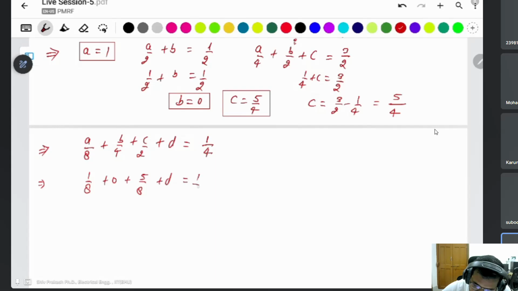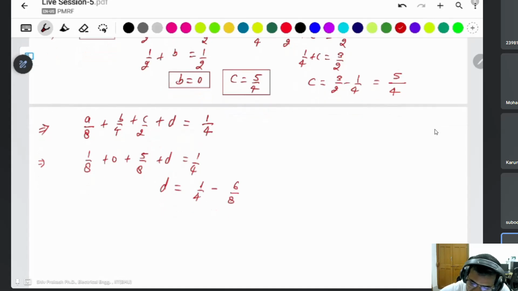It will be 1 by 4. d, it means 1 by 4 minus 5 by 8. Then this will be d: 2 minus 5, it will be minus 3 by 8. Then d is equal to minus 1 by 2.